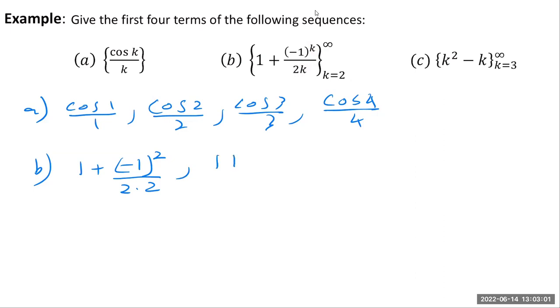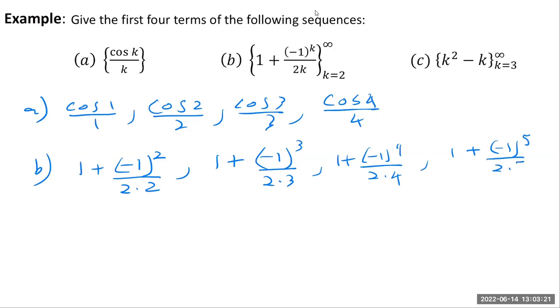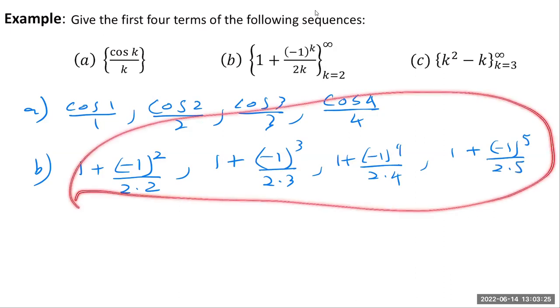To get the second term, I'm plugging k is equal to 3. Minus 1 to the power 3 divided by 2 times 3. The next term would be 1 plus minus 1 to the power 4 divided by 2 times 4. Last term would be 1 plus minus 1 to the power 5 divided by 2 times 5. Okay, these are the first 4 terms of the sequence.